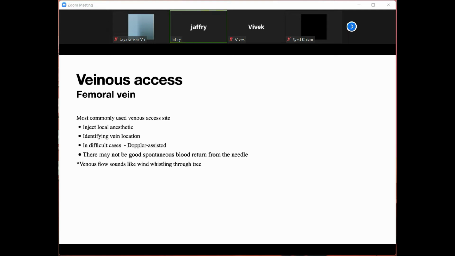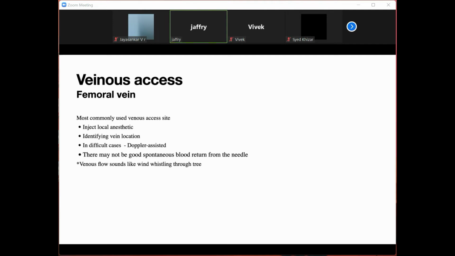Coming to the venous access, the common one is femoral vein access. The procedure for the venous access is the same: instilling the local anesthetic agent, identifying the vein. If we are not able to get the vein, then we use Doppler-guided venous location identification. Usually, veins will have different sounds compared to arteries.